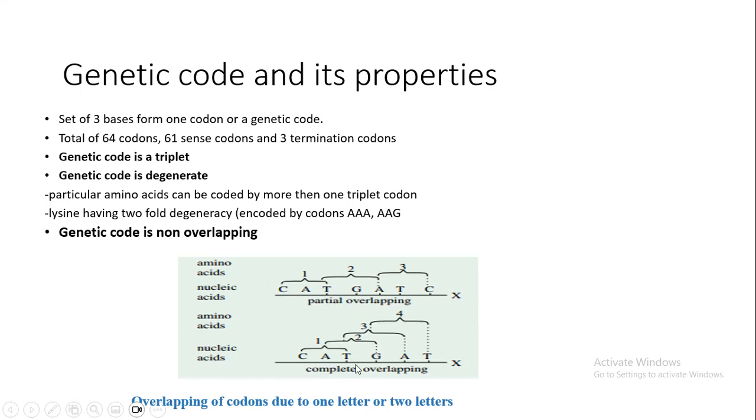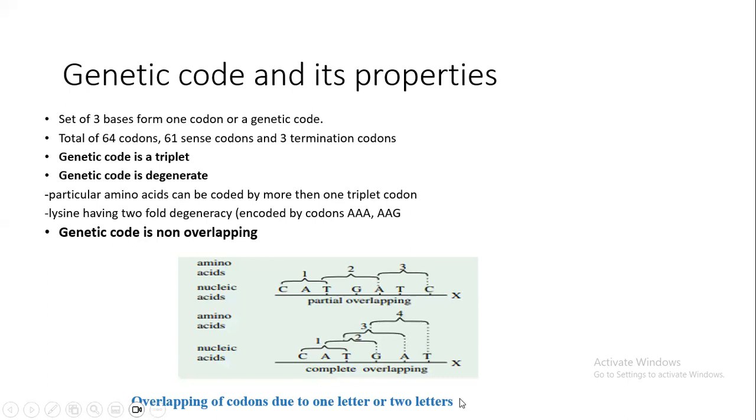In the second case, we can see that CAT is the first codon and ATG is the second codon. Here 2 bases, that is A and T, are shared between the 2 codons, CAT and ATG. So this is an example of overlapping codon.